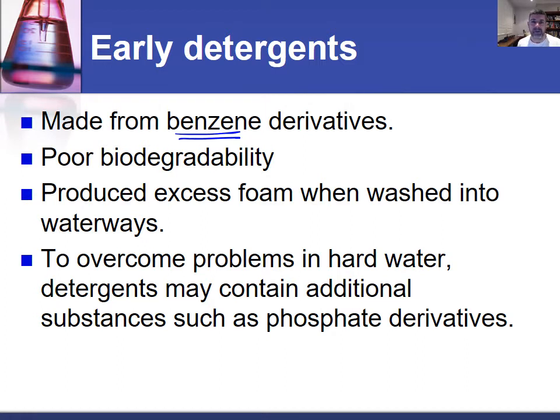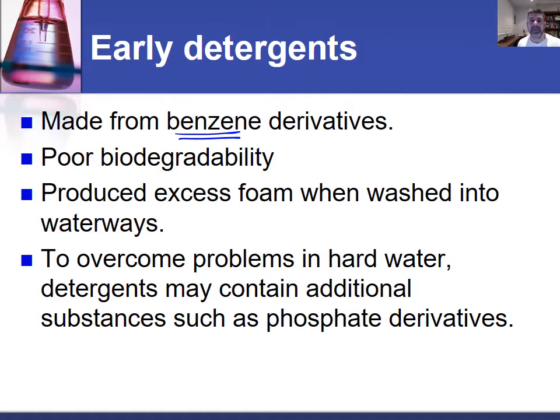It has a very strong aroma, and it has also been linked to some significant health issues. So benzene is not something that we use very much at all these days, being phased out, certainly from common public use. The other problem with some of the early detergents is they had poor biodegradability.